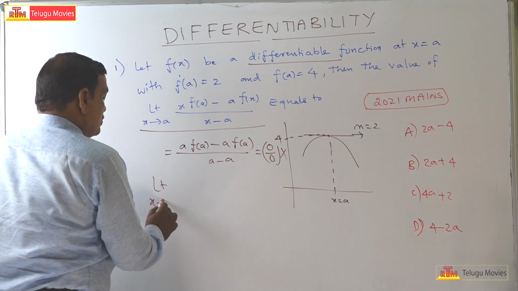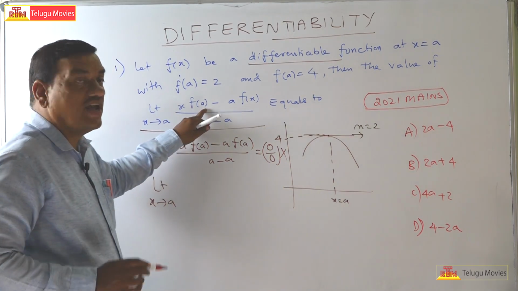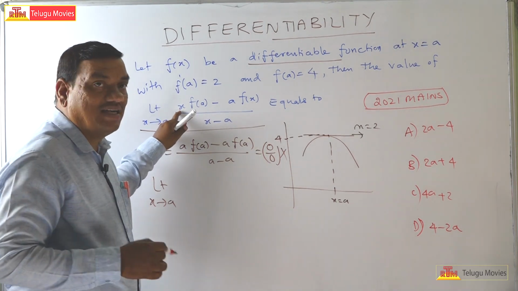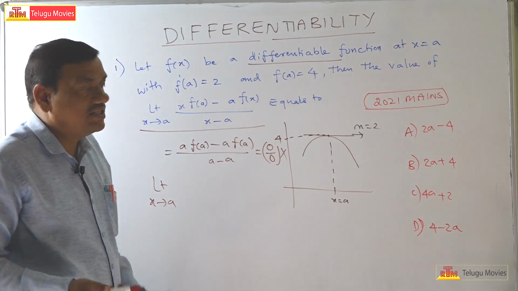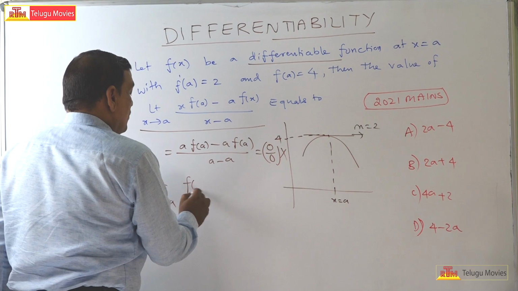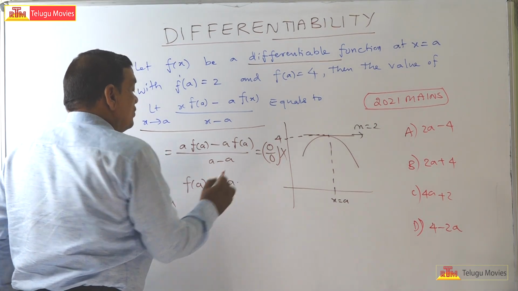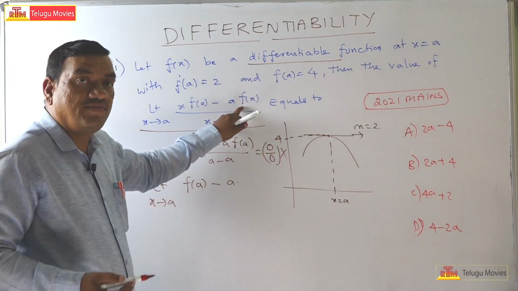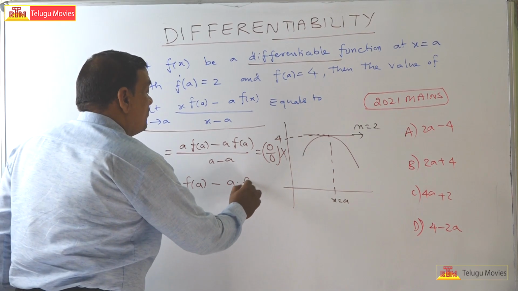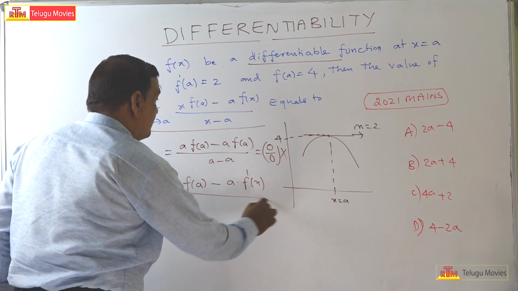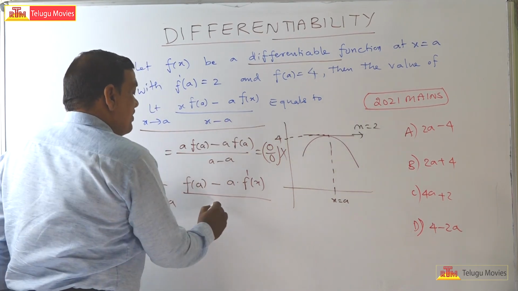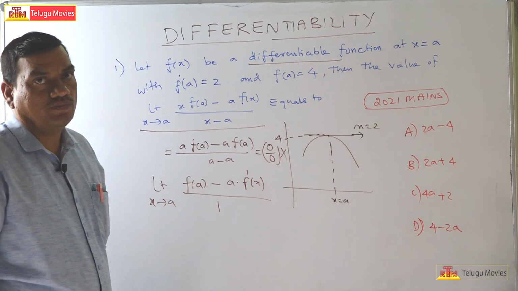Limit x tends to a. Here f of a is a constant, x is a variable. So what is the derivative of x? It is 1. That is equal to f of a minus a into, what is the derivative of f of x? It is f dash of x, by x minus a, whose derivative is 1 minus a derivative 0.